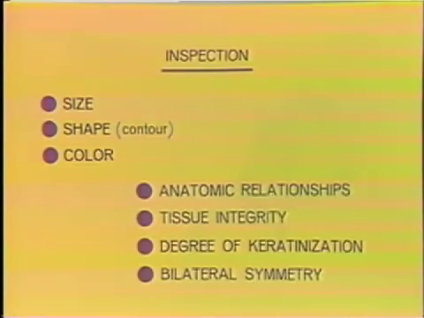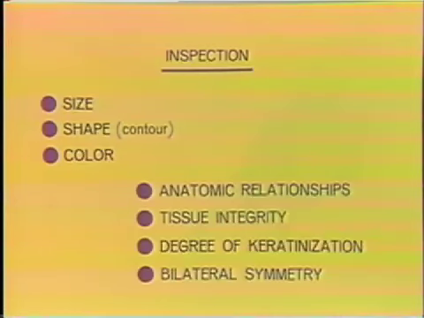In the inspection of the intraoral tissue, we're going to be concerned with these characteristics: the size, the shape or contour, the color of the tissue under examination. We're going to be concerned about the anatomic relationship of various parts to their surrounding structures. We're going to look at the integrity of the covering tissue. The epithelium over the surface should be intact under normal circumstances. The degree of keratinization will vary in different parts of the mouth.